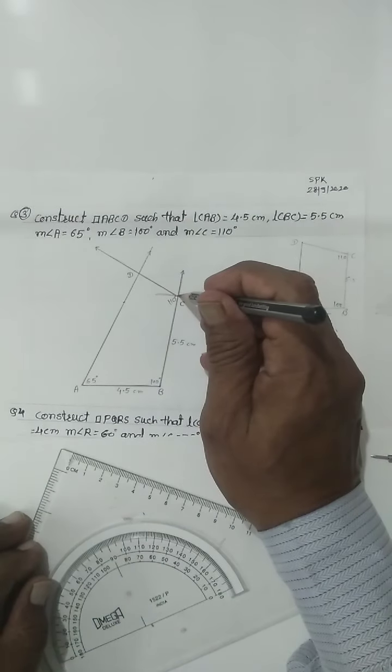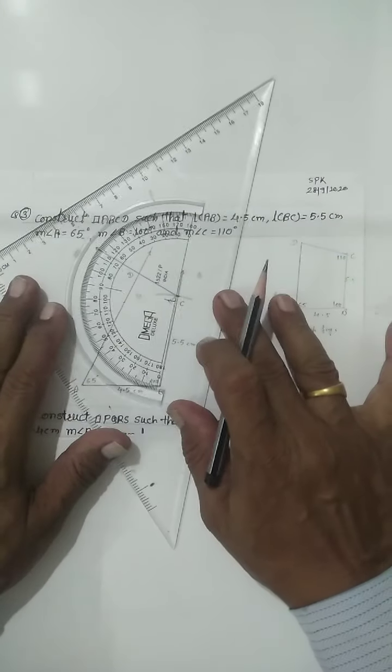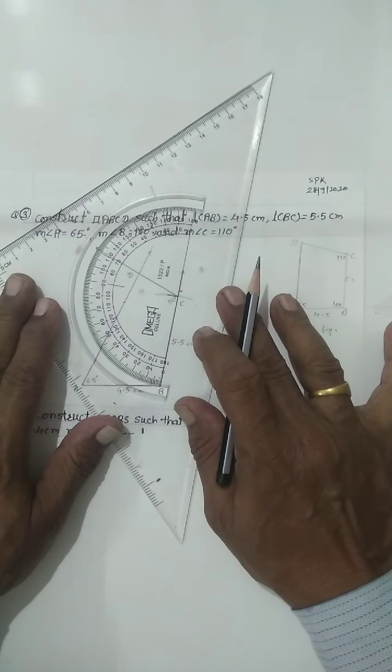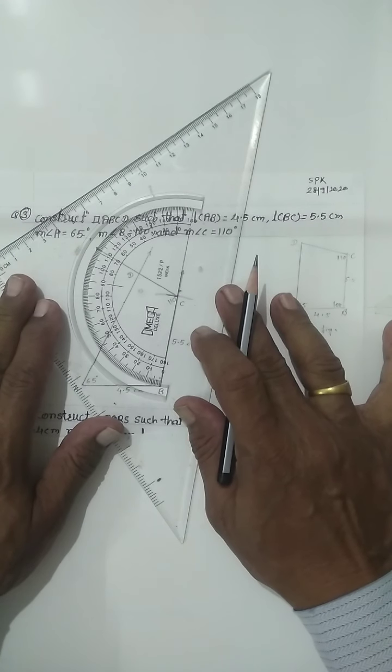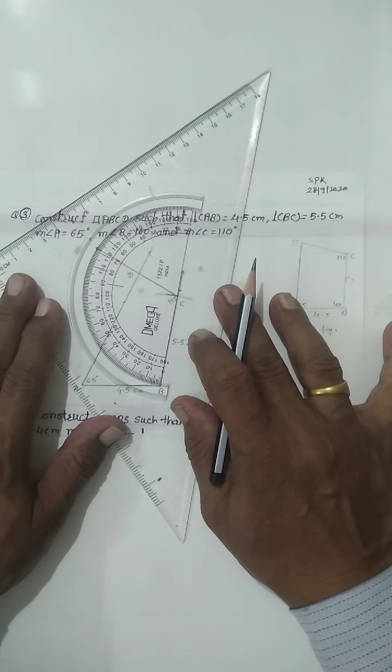At this point C, put the protractor on point C and see the angle 110.